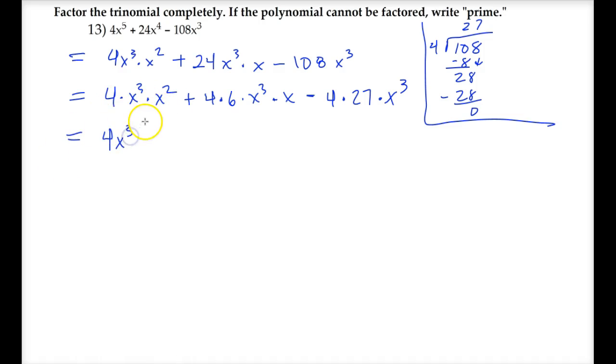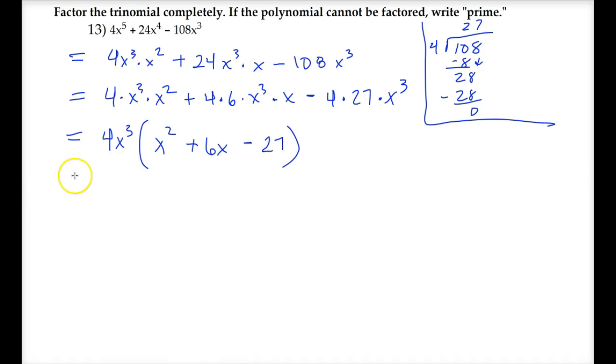So if we factor out a 4x cubed, what is left in the first term here is just x squared. What is left in the second term here, after we factor out a 4 and the x cubed, is just 6 and x, so plus 6x. And then after we factor out the 4 and the x cubed, all we have here is minus 27.